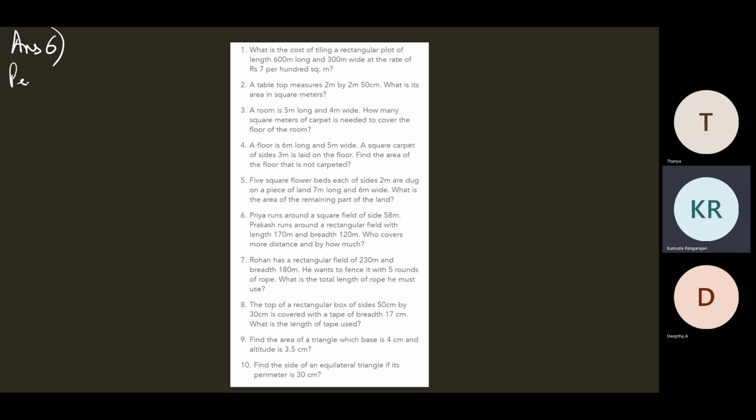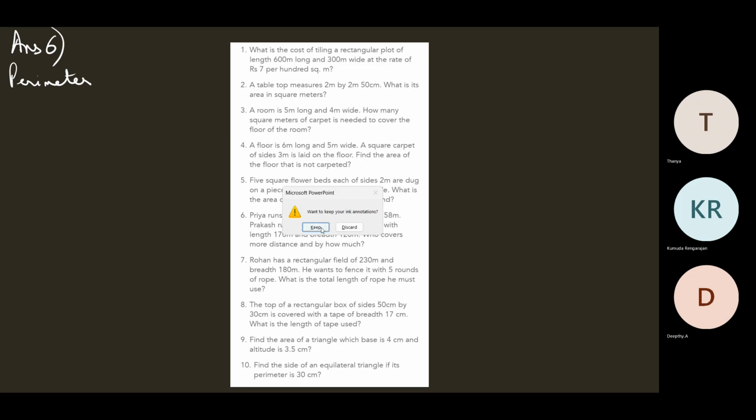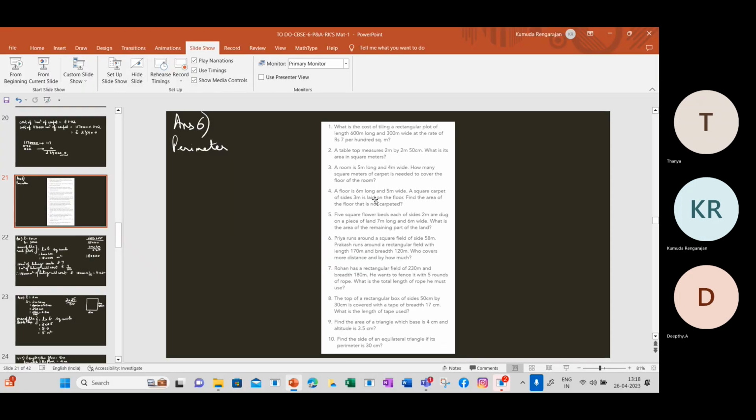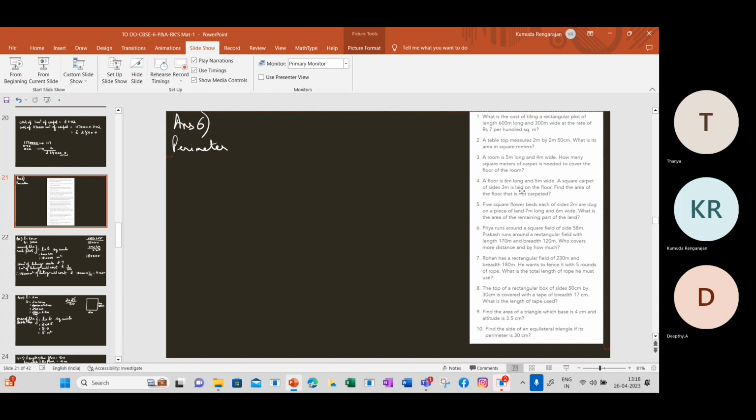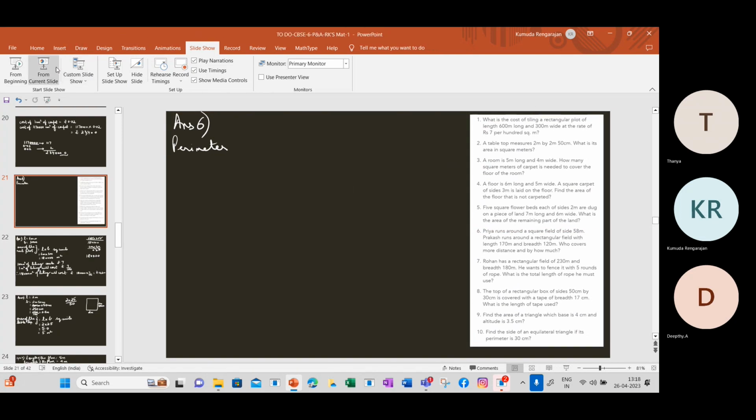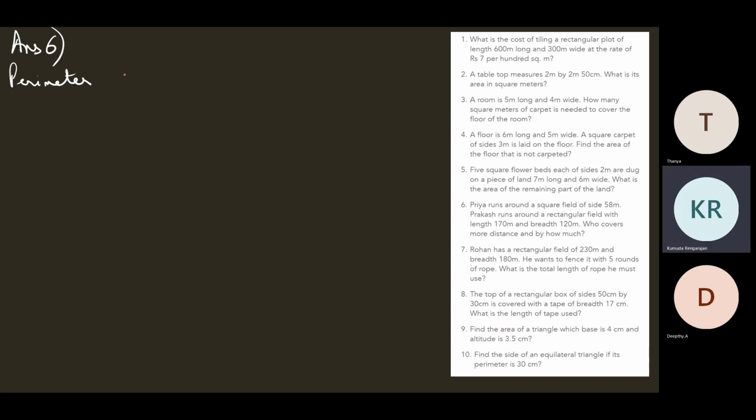So what is the perimeter of the square field?